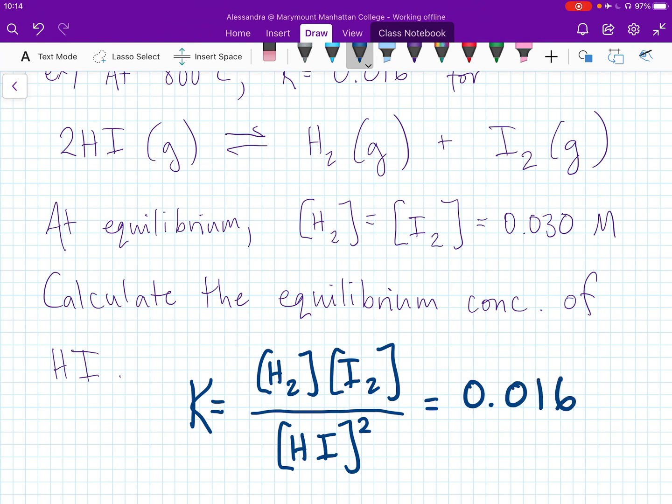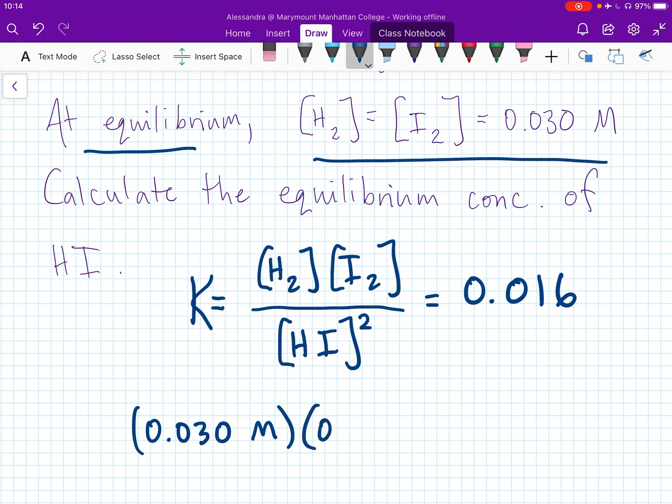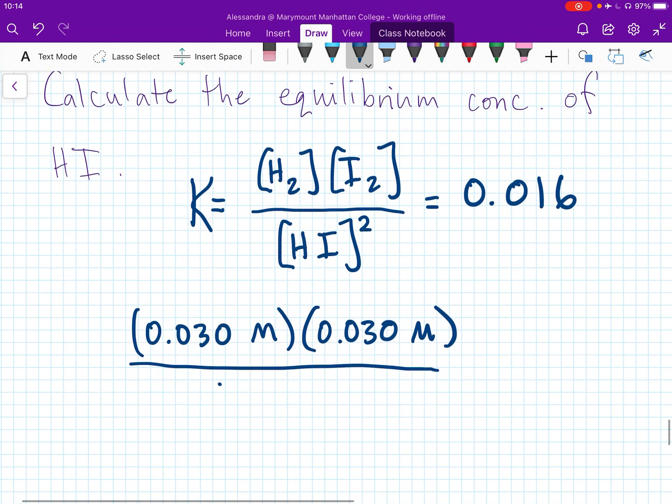Now, I can plug equilibrium concentrations into the K expression, and I know that at equilibrium, H2 and I2 are both 0.030 molar. So I can plug 0.030 molar in for H2 and I2. HI is what I want to figure out, so HI squared is what I'm trying to find, and all of that is equal to 0.016.